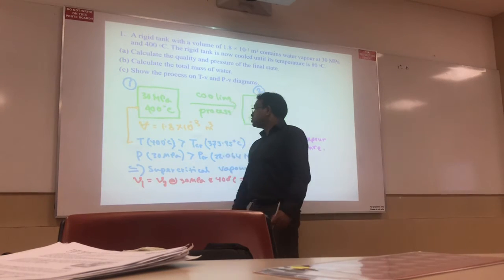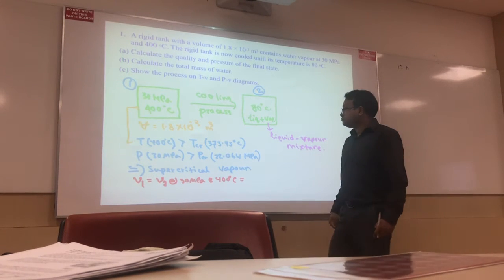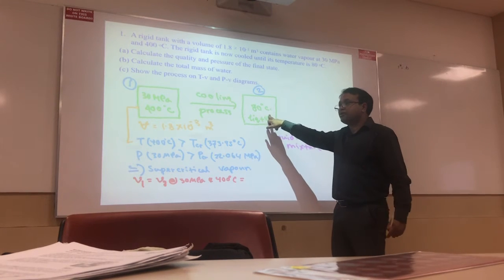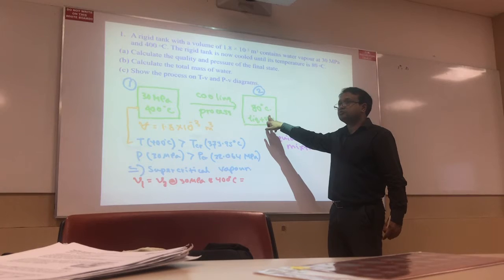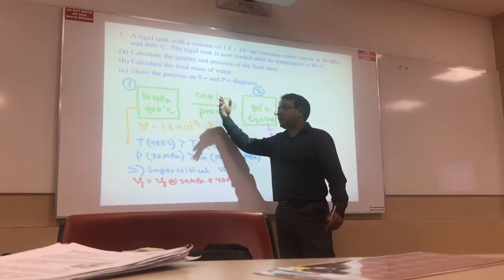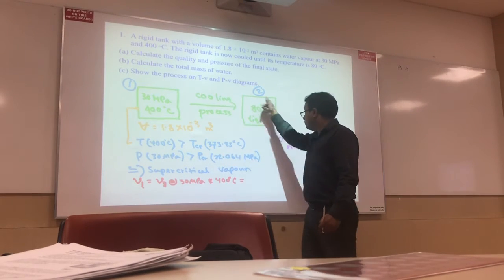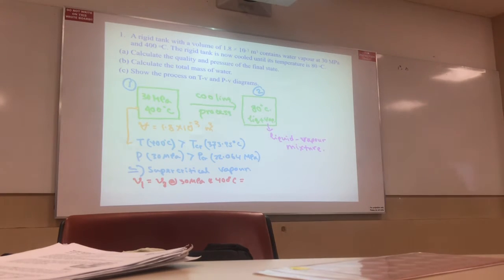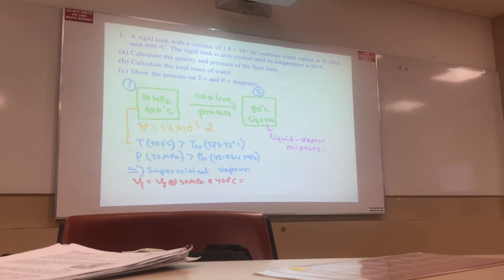Secondly, what is V2? V1 and V2 are the same. It is a constant volume process. Cooling process here is under constant volume because the boundary doesn't change. So V1 and V2 are the same. From there I can know V2, because I know V1.